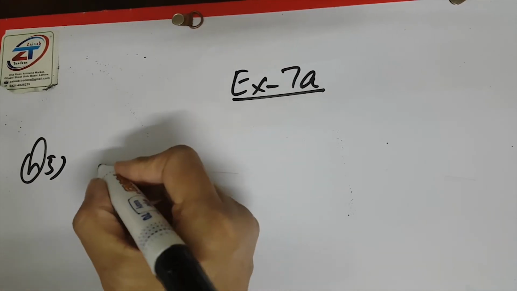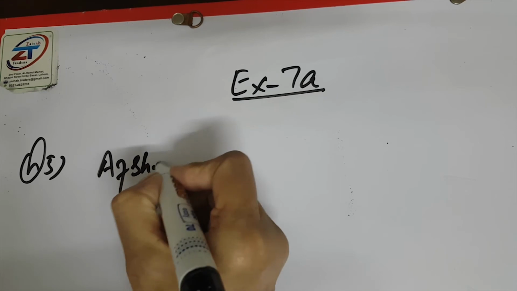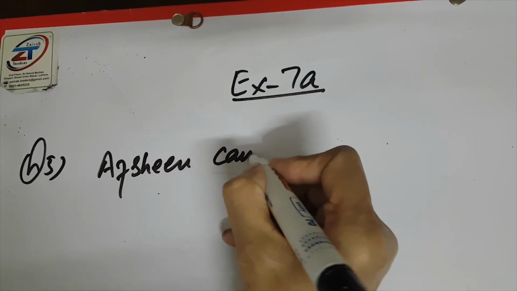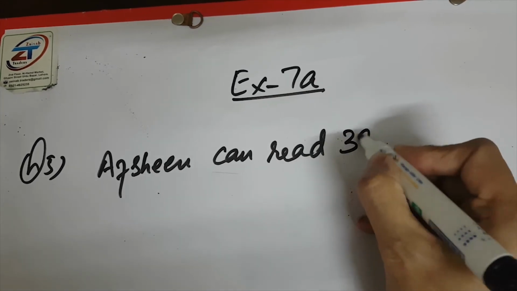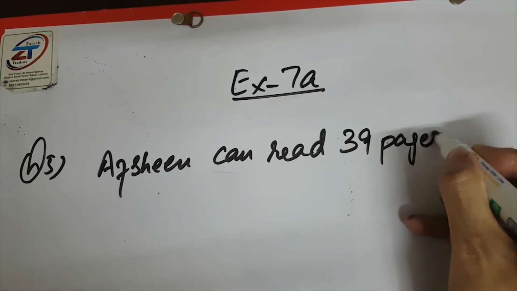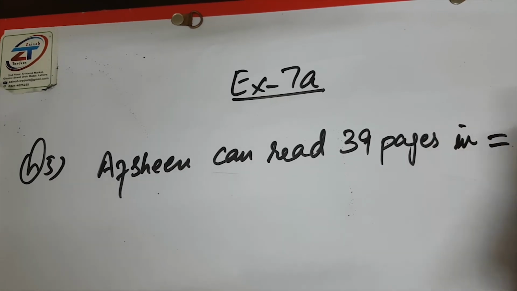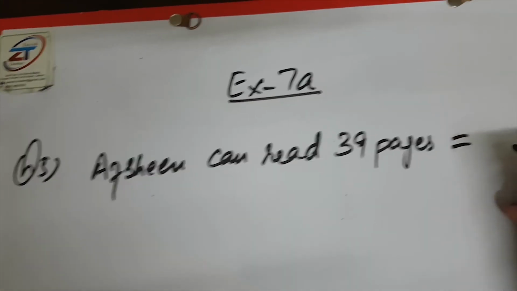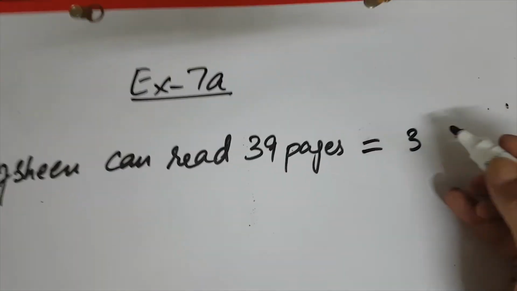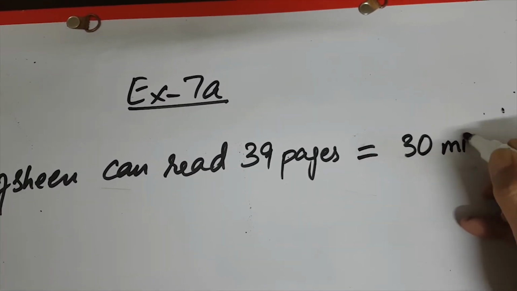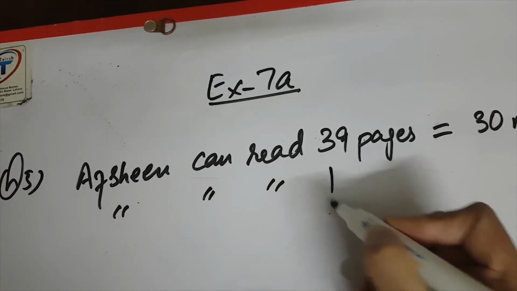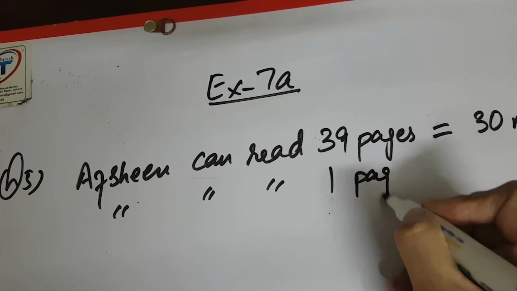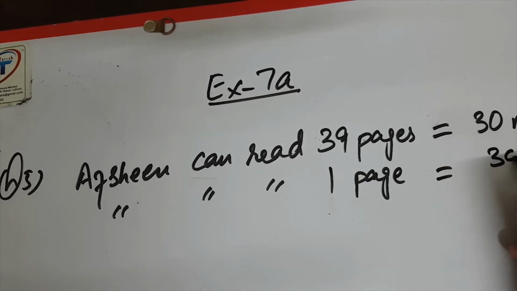So Afshin can read 39 pages in how much time? In 30 minutes. Afshin can read 1 page in how much time? 30 upon 39 minutes.